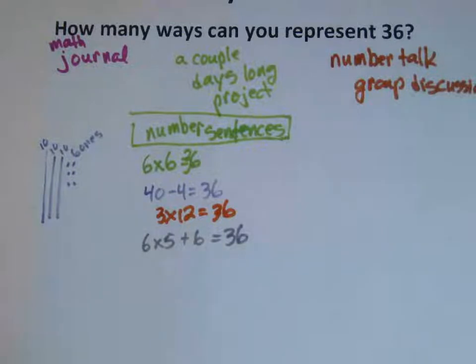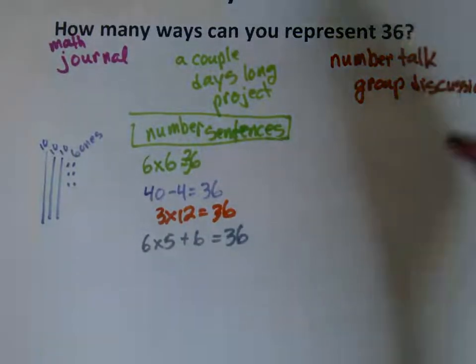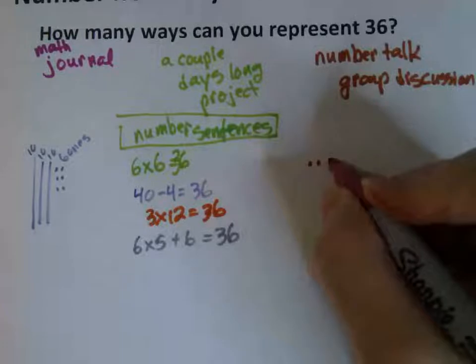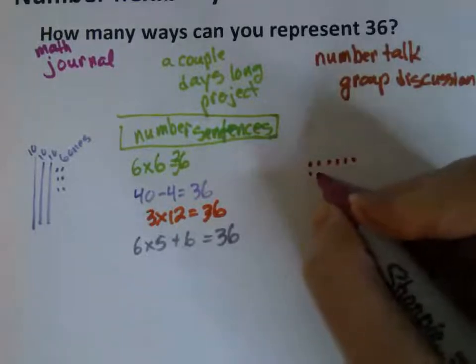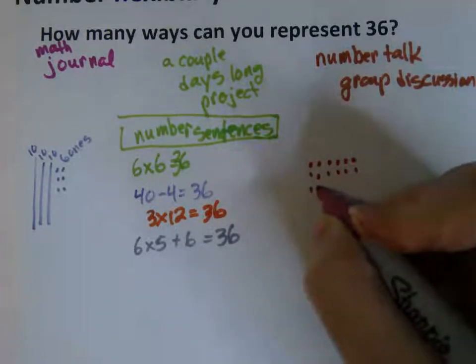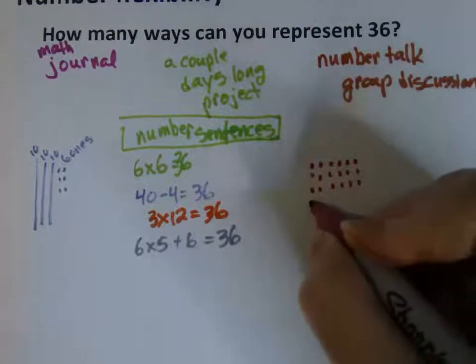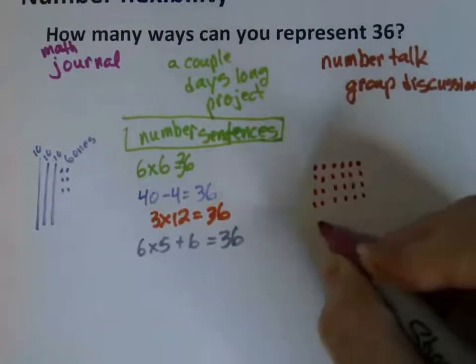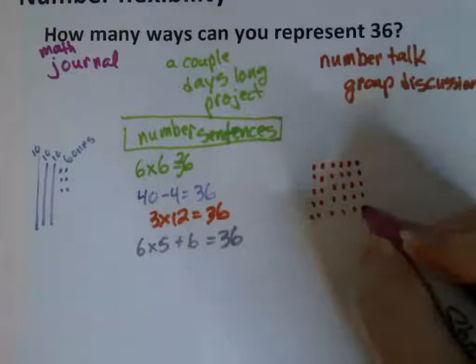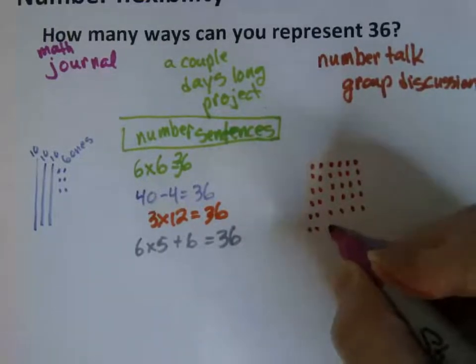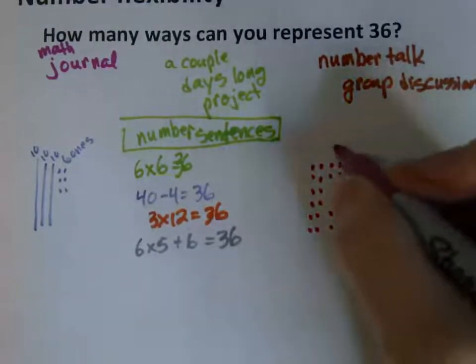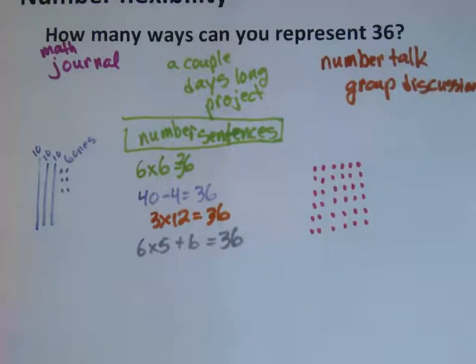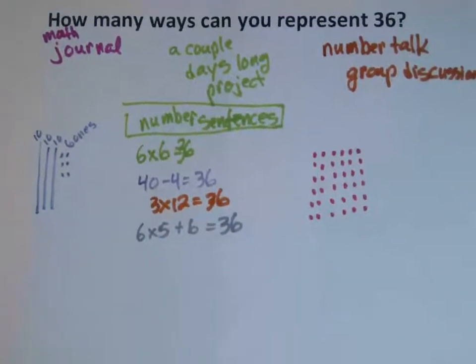Okay. What if I wanted to do dots? Could I do dots? 1, 2, 3, 4, 5, 6. 1, 2, 3, 4, 5. Yes. So I'm going to make an array that is, I hope, have I gone too far? 5. 6. A 6 by 6 array of dots. That's also 36. Okay.